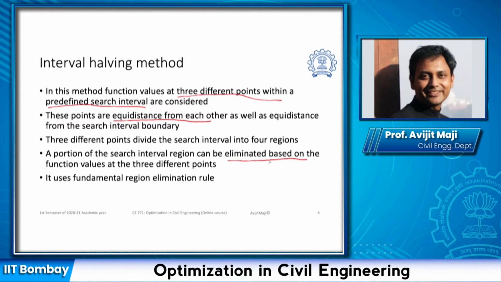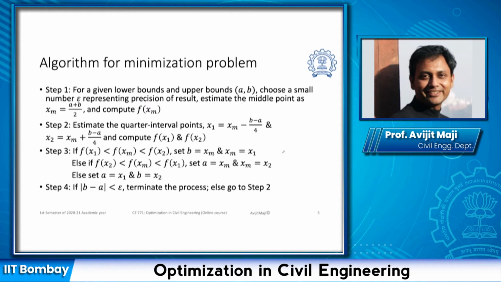Now, when we are choosing 3 points, it is very clear that with these 3 points, we are dividing the search space into 4 equal regions, particularly when our points are equidistant. So, if we know this, let us look into the precise algorithm which is used in the interval halving method.